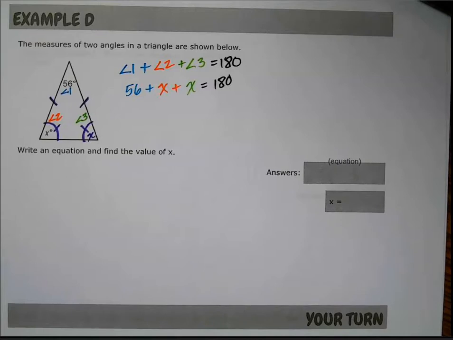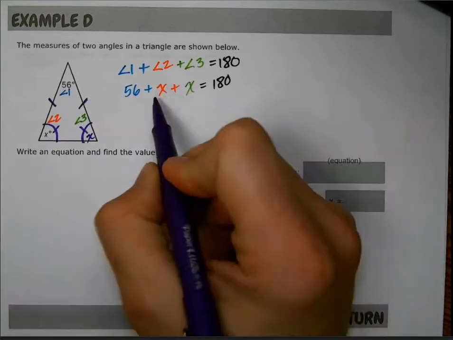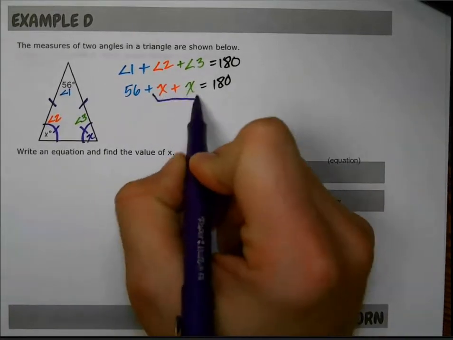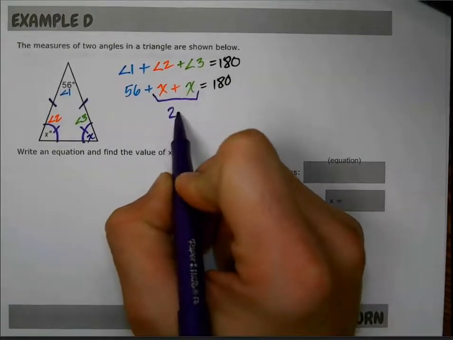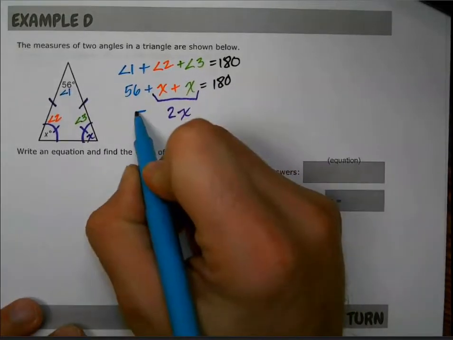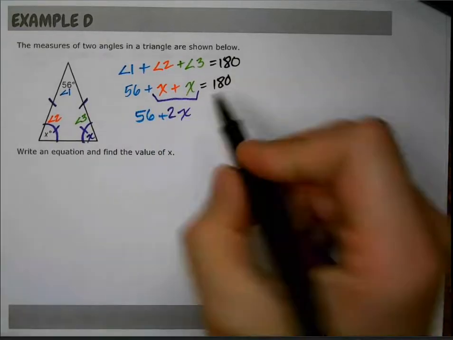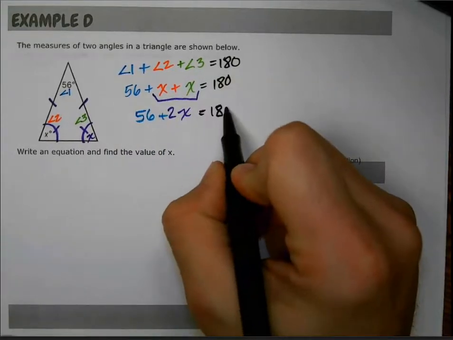Just like in the last example, I want to combine like terms. Okay, if there's just numbers, then you should add those together. If there's just x's, you should add those together. So I have an x and another x. That's going to give me 2x. So now I have 56 plus 2x equals 180.